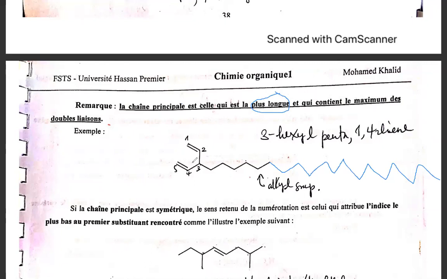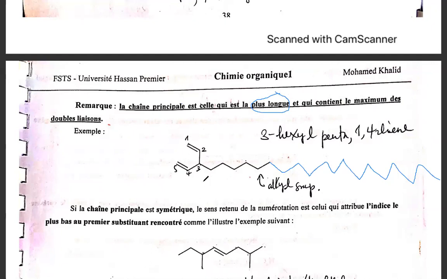If we do not have this part, we would have gone for 1 like that and gone like that because it's the plus long. But the question says, et contient le maximum de double liaison. So it no longer becomes the chain that has the highest number of carbon atoms, but becomes the chain with the highest double liaisons.